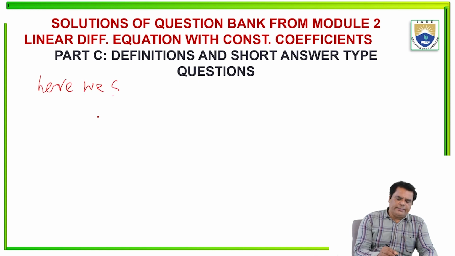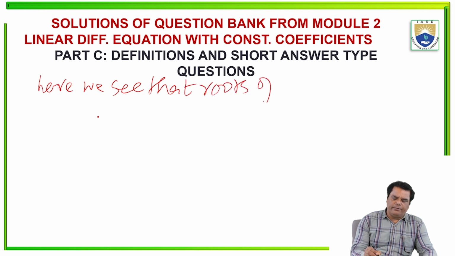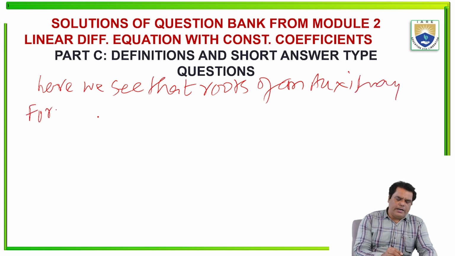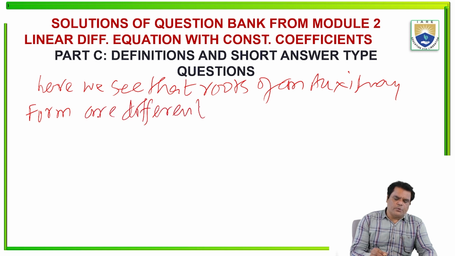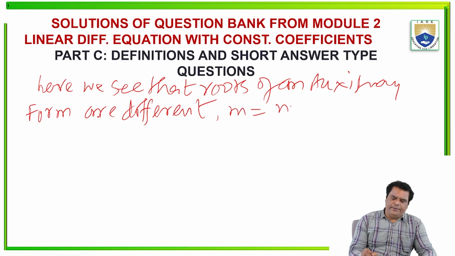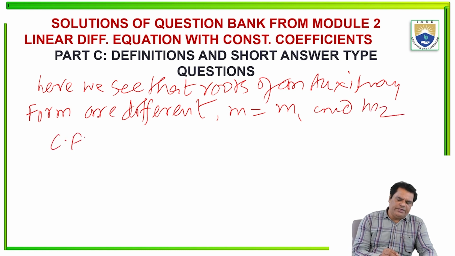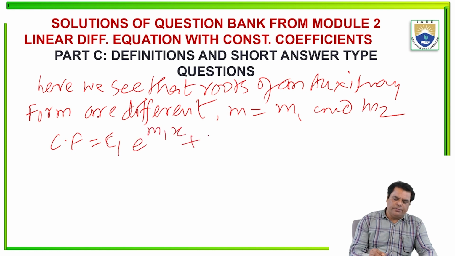Here we see that the roots of the auxiliary form are different. So m equal to m1 and m2. The formula of CF is C1 e to the power m1x plus C2 e to the power m2x.